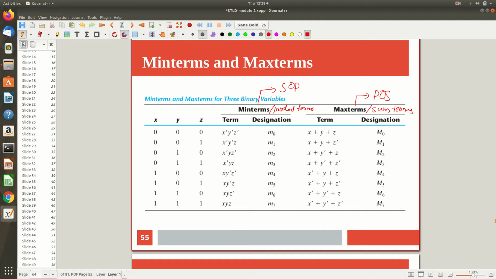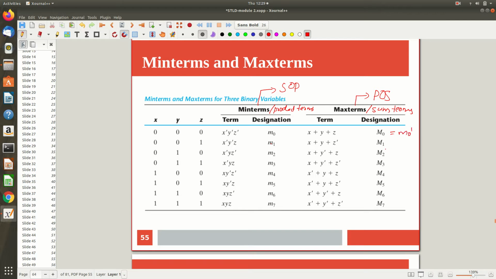Here I am using the product operation, and sometimes I will be using addition, but just opposite to that. You can observe, if you take the complement of this, what is the complement? X dash, the whole complement will be x plus y plus z. That is this, right? So you can see that this max term is nothing but the complement of the min term.